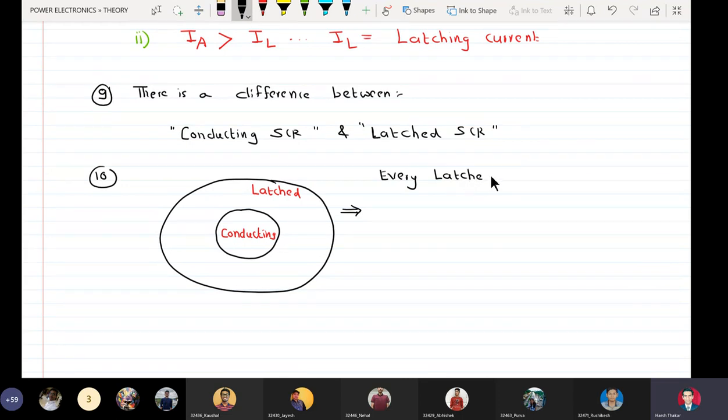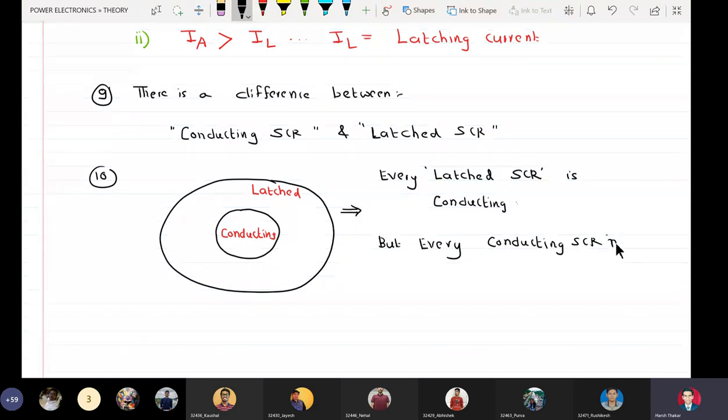Every latched SCR is conducting, but every conducting SCR need not be latched.